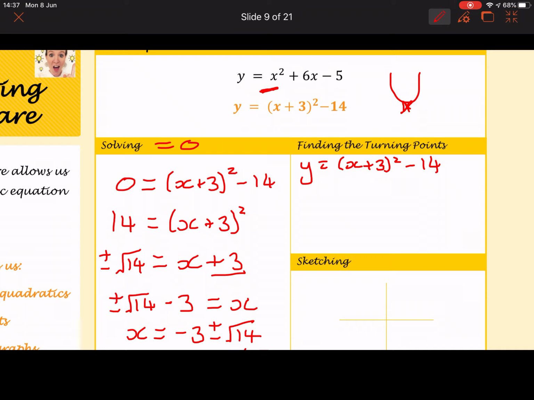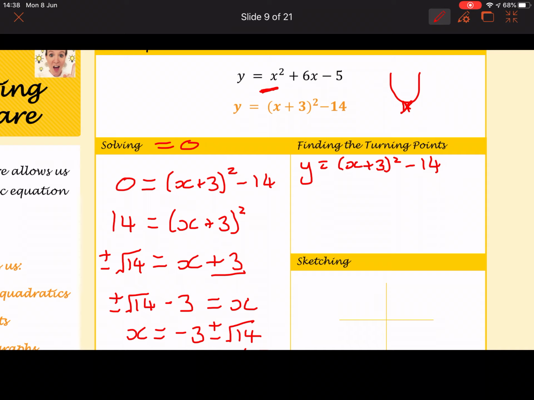Now, that means I need to find the smallest possible value of y. To get the smallest value inside this squared bracket, what if x was 0? 0 plus 3 is 3. Square it, we get 9. Okay, still quite high. Can we make it even smaller? What if x was minus 3? Minus 3 plus 3 is 0. Squared is 0.